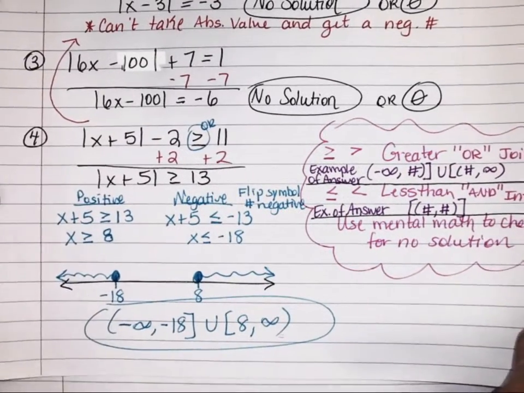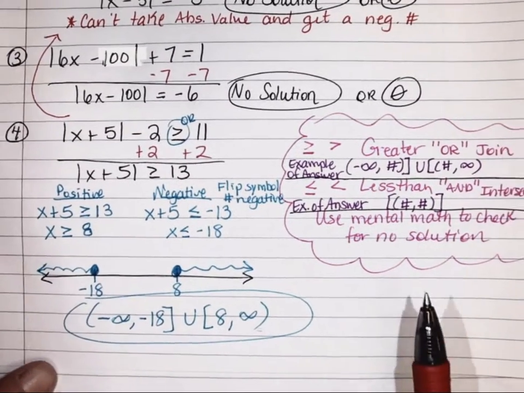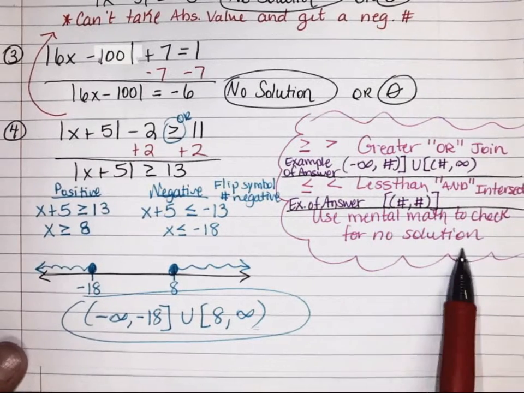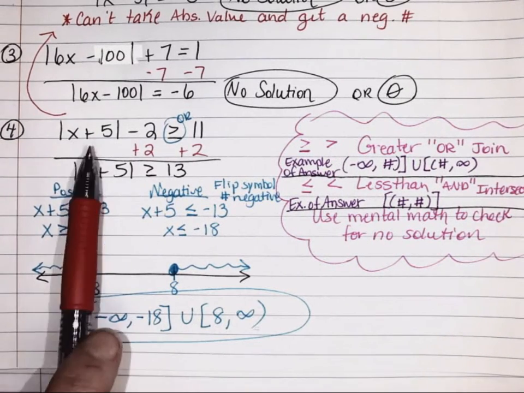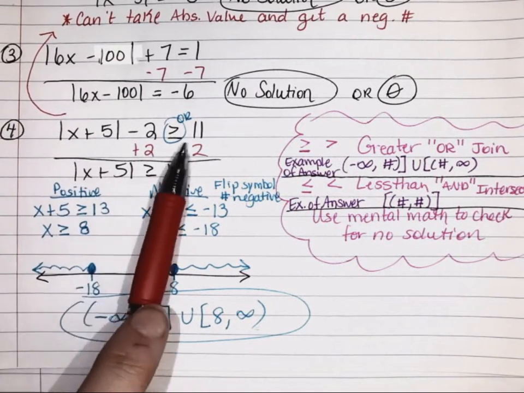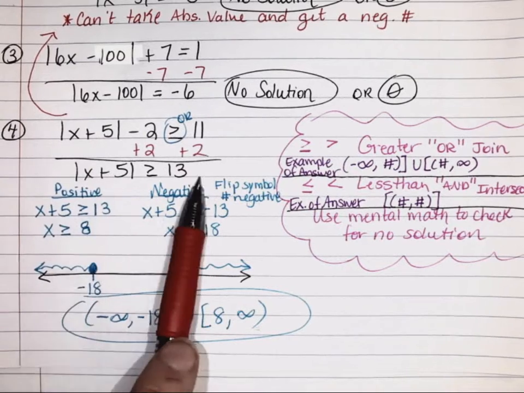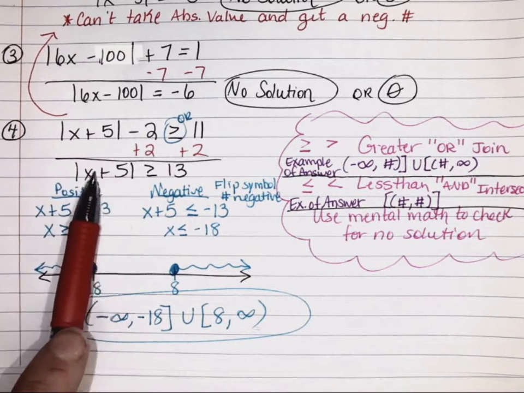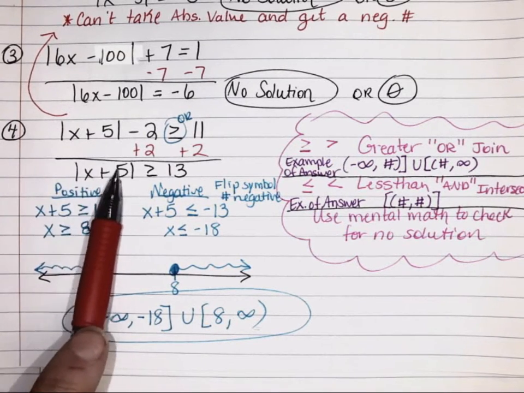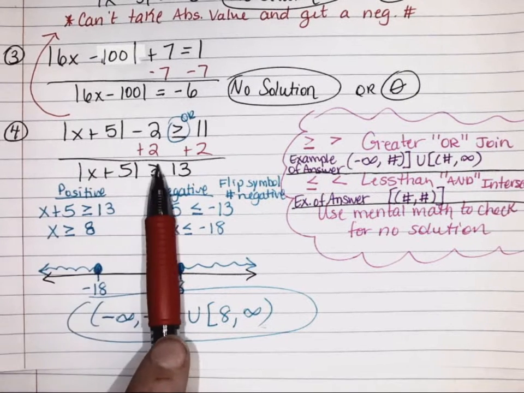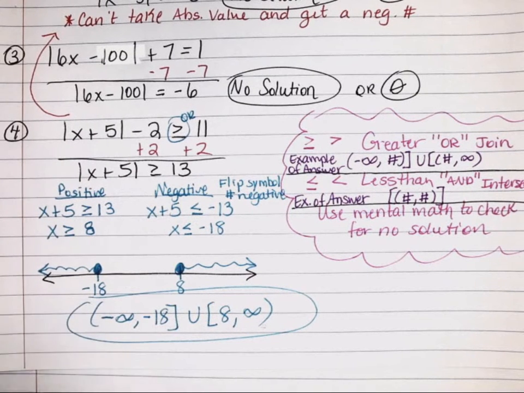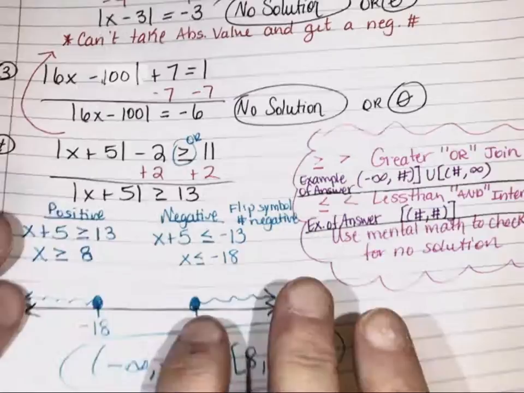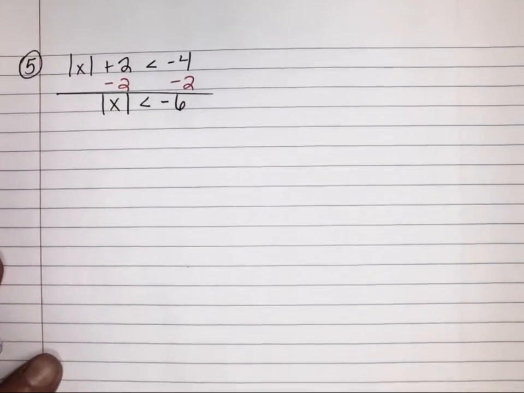Look at number 4. I told you you would use mental math to check for no solution. As you isolate the absolute value part as much as you can here, think about, can I take the absolute value of a number and have it be greater than or equal to 13? Well, yes, I can take the absolute value of a number and have the possibility that it's greater than or equal to positive 13. So that's why you keep solving that one.